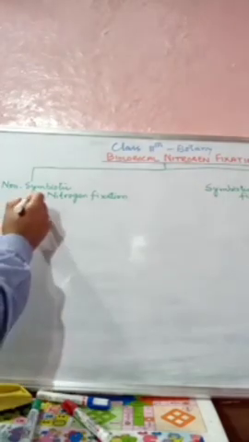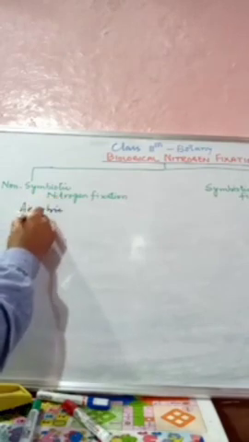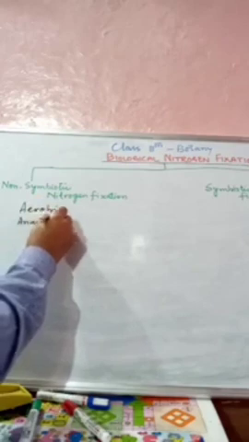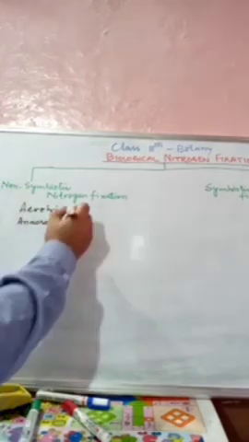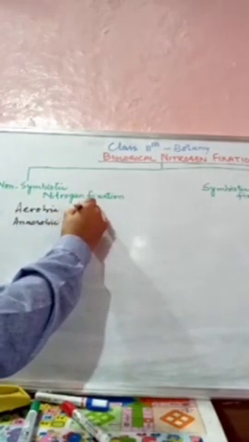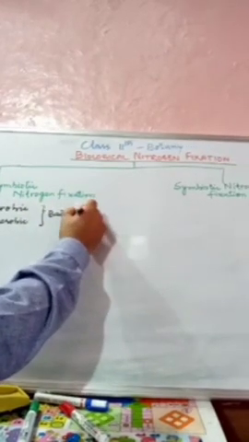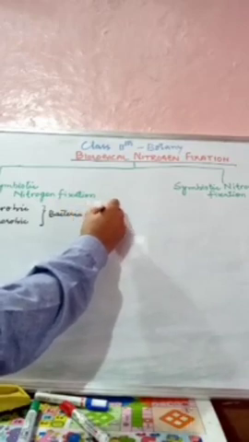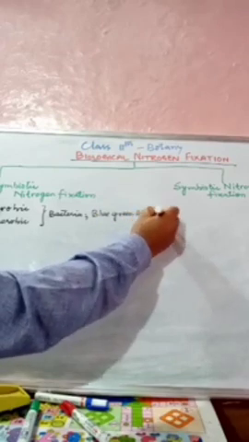This non-symbiotic nitrogen fixation is shown by many aerobic and anaerobic bacteria. Then we have blue-green algae, which are called cyanobacteria.